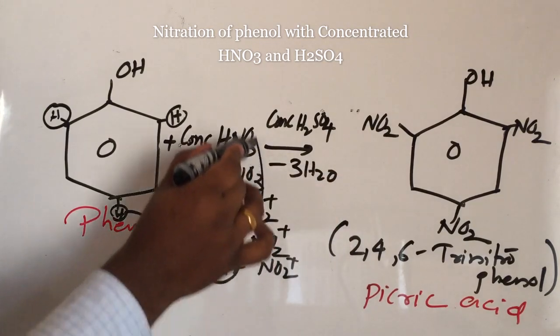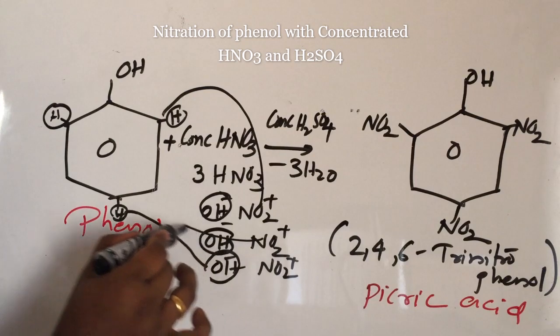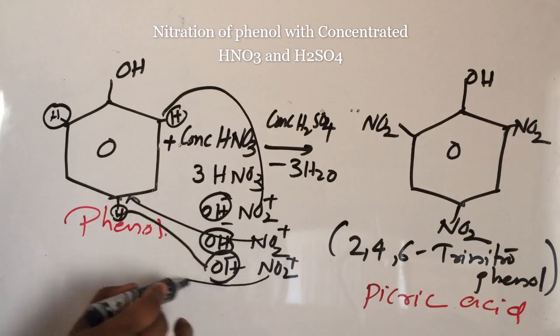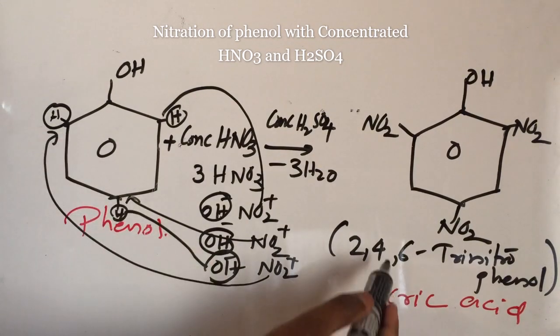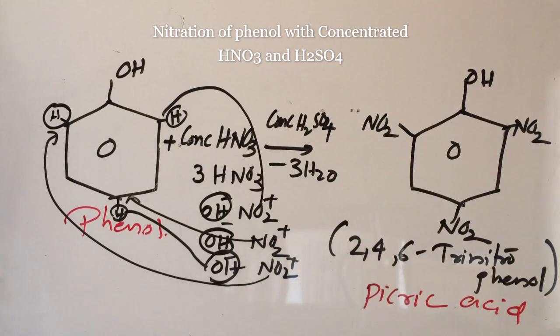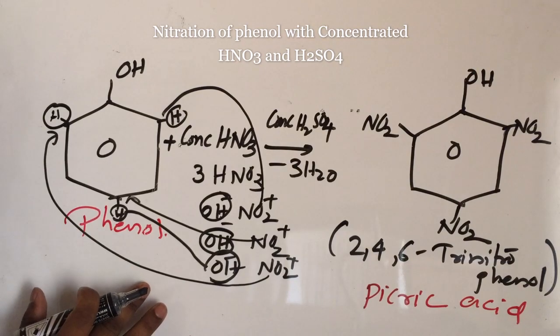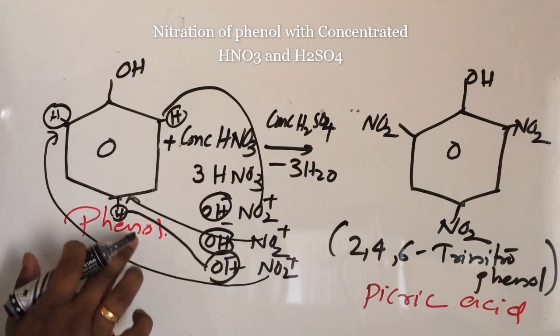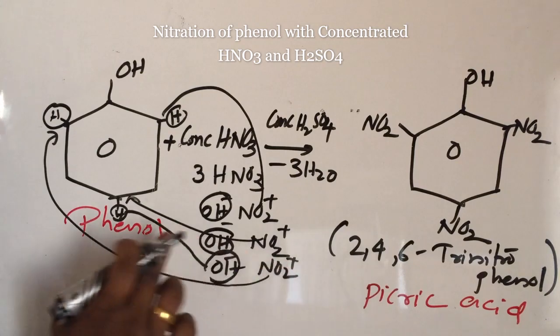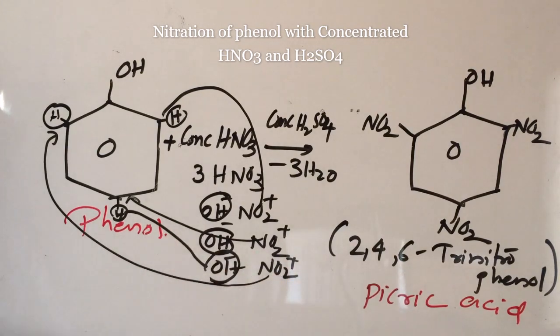Then NO2 plus will attach at the para and ortho positions, producing 2,4,6-trinitrophenol. Here you can expect an important question: how to convert phenol to picric acid? Phenol to picric acid. Clear?